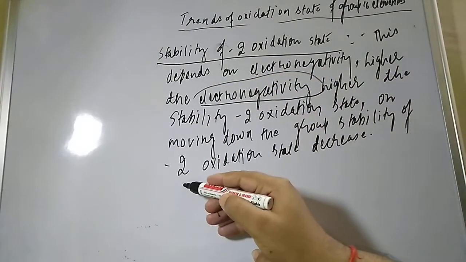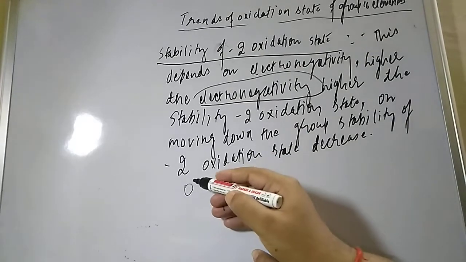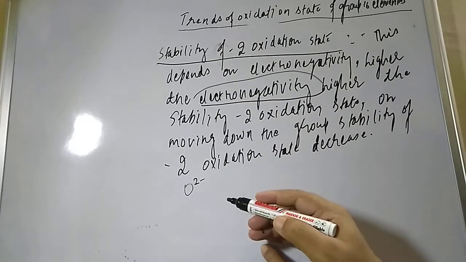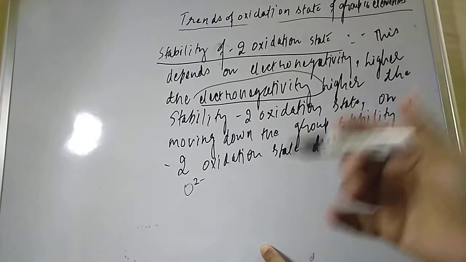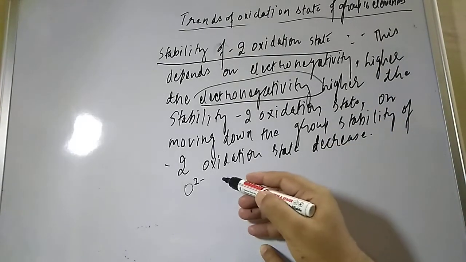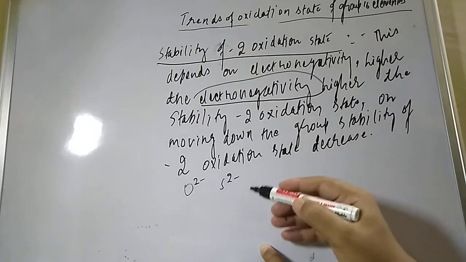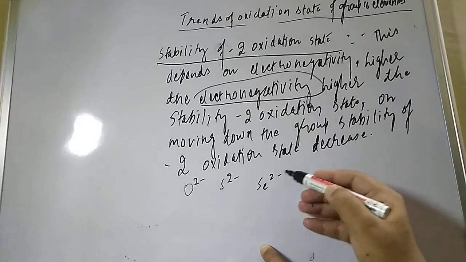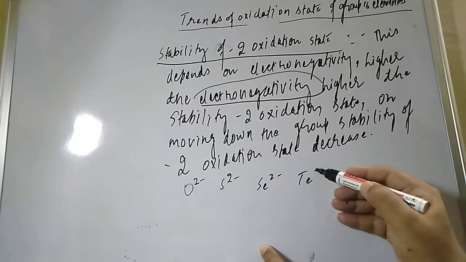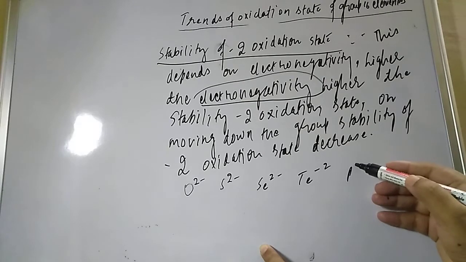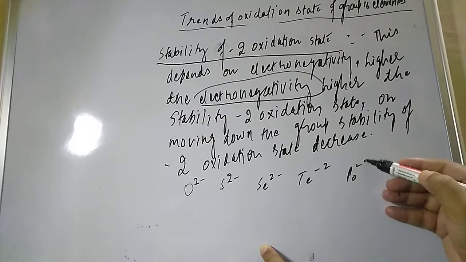If you talk about oxygen, O2 minus, then sulfur, S2 minus, then selenium 2 minus, tellurium 2 minus, and polonium is also minus 2.